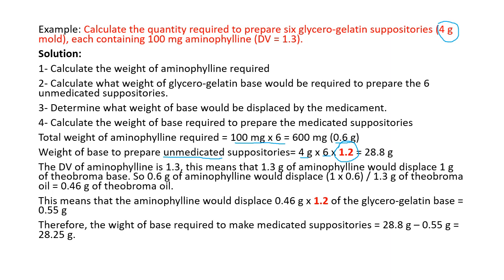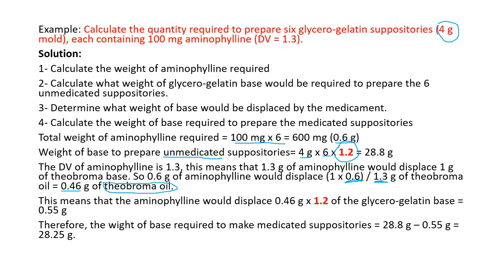The displacement value of aminophylline is given in the example, which is 1.3. We mentioned before that we can simply calculate the amount displaced by dividing the amount of the drug by the displacement value. So this will give 0.46 grams. This is the case of theobroma oil base.